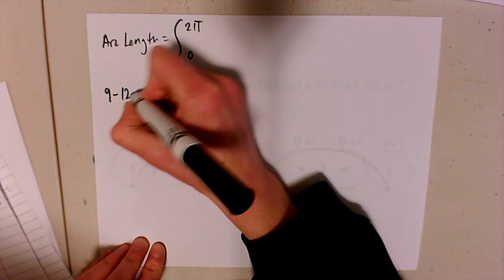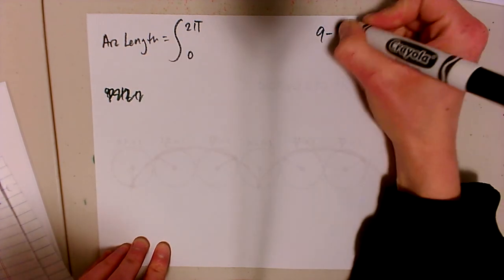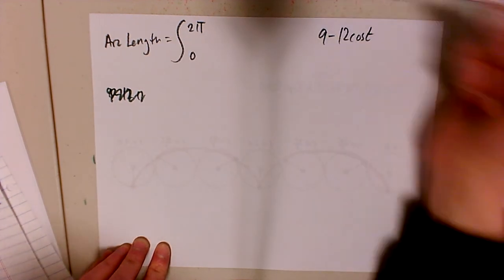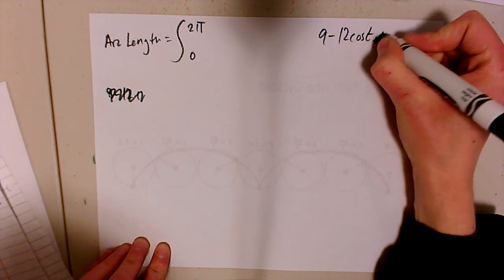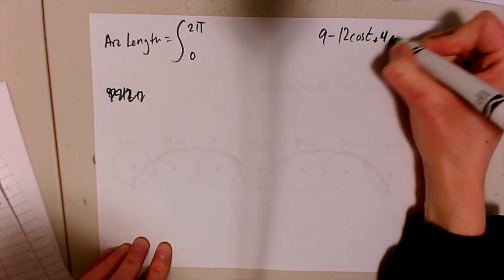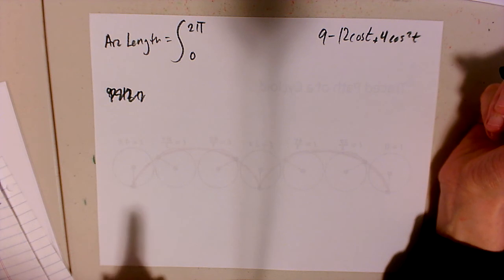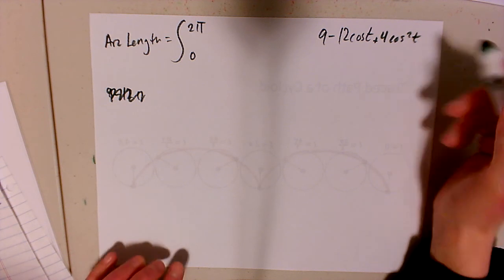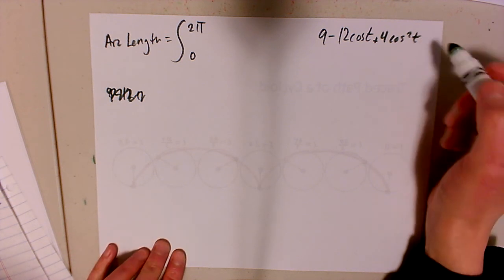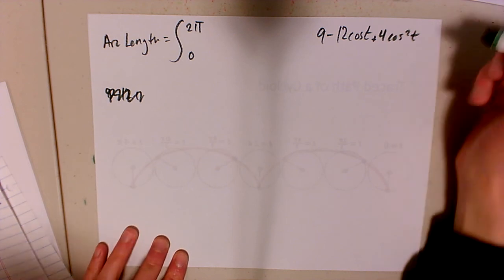We're going to have 9 minus 12 cosine t plus 4 cosine squared t.